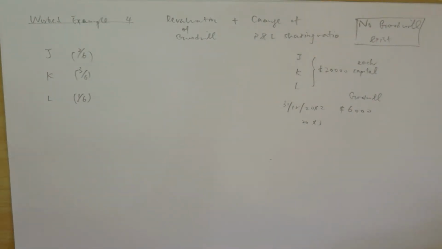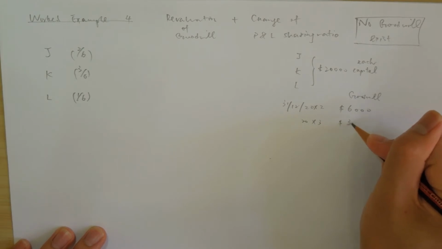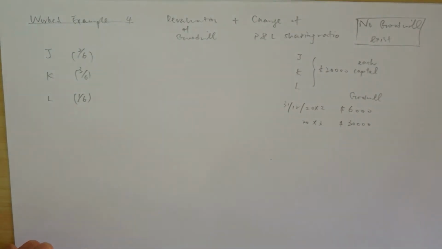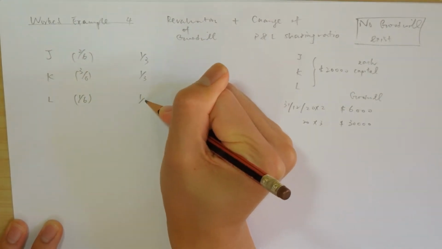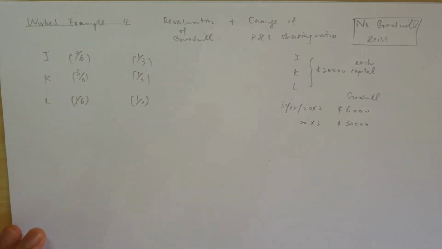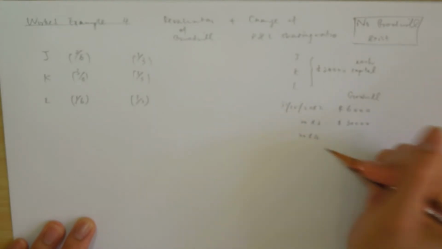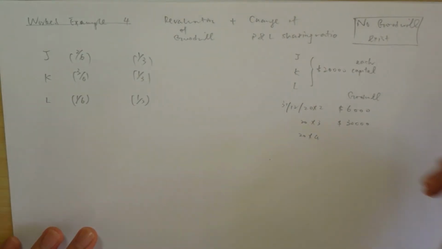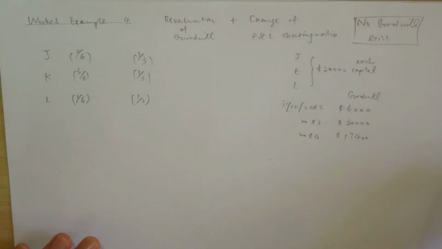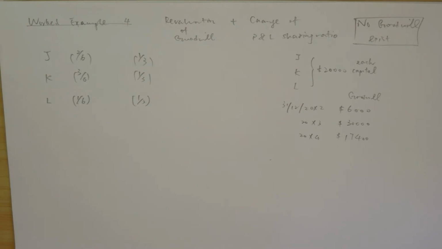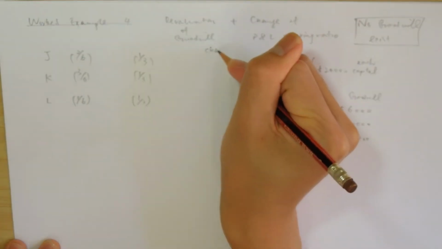Then on 20x3 it is changed to 30,000, and on that day the profit and loss also changed to 1:1:1. And then on 20x4 we revalued it to 17,400.